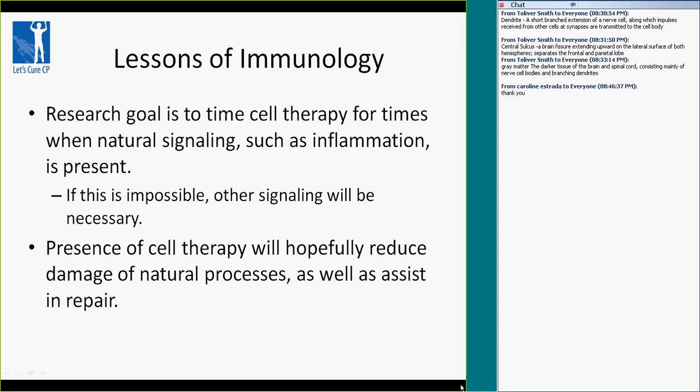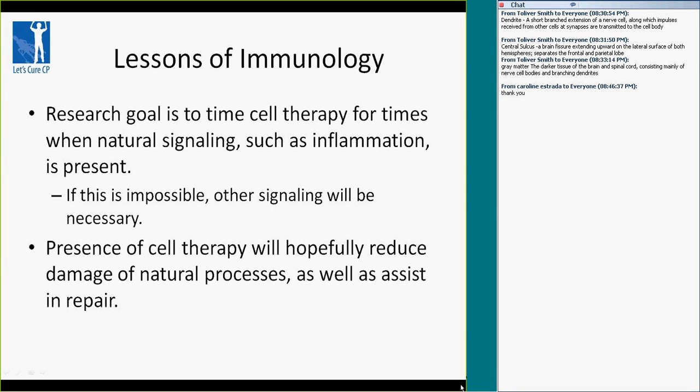Okay. So a brief summary of lessons we learned from immunology. Our research goal is to time the cell therapy when we've got as much natural signaling as we can. If not, then we're going to have to come up with some other type of signaling. We might have to add a natural signal with the transplant.